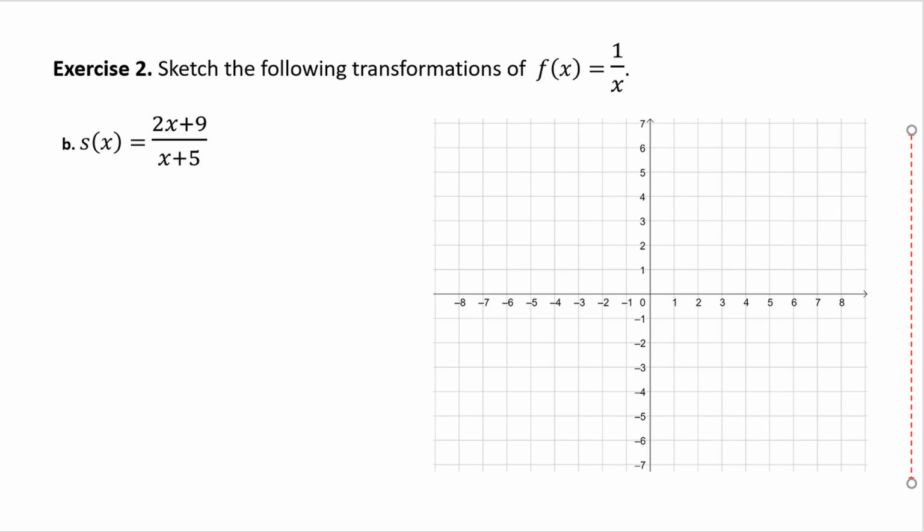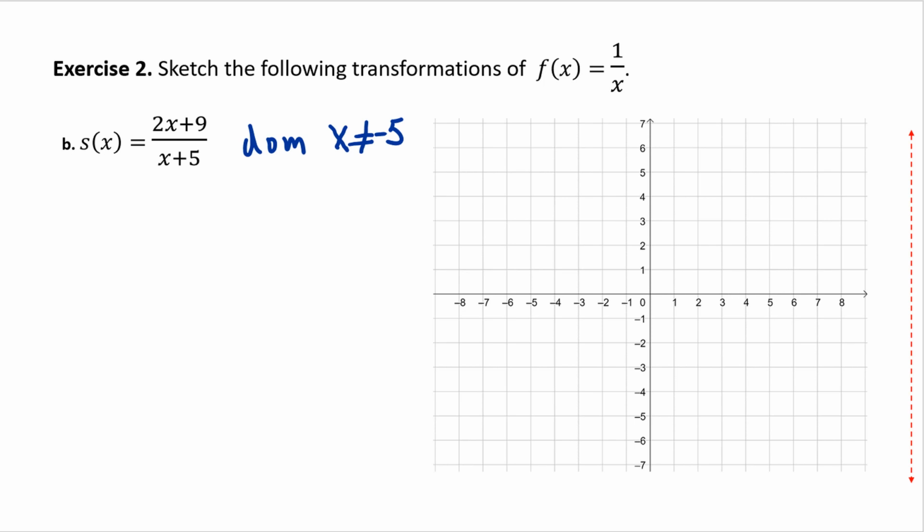Sketch the following transformations of f of x equals 1 over x, part B. S of x equals the quantity 2x plus 9 divided by x plus 5. We can recall from part A or from our understanding of rational functions that 0 cannot be a denominator value. So we know that the domain of this function is such that x cannot be negative 5.